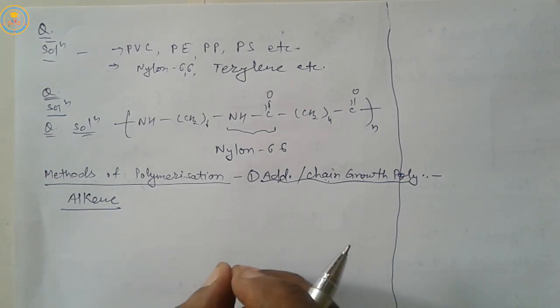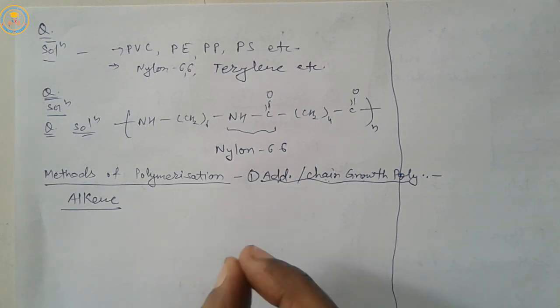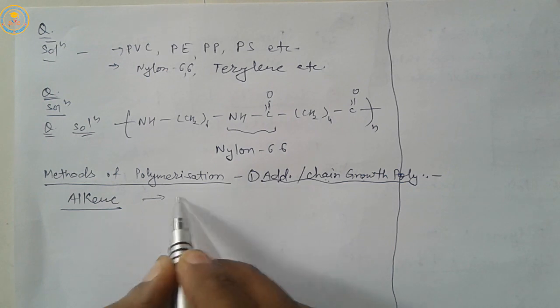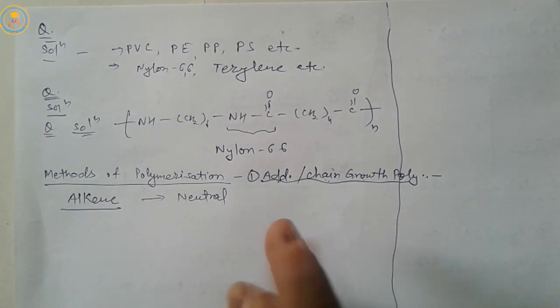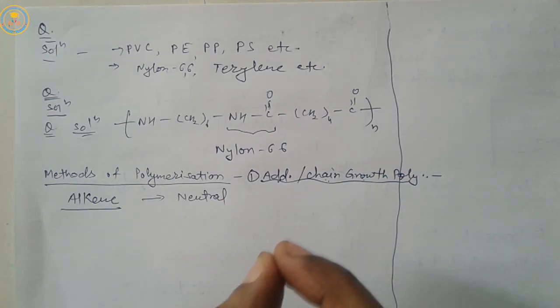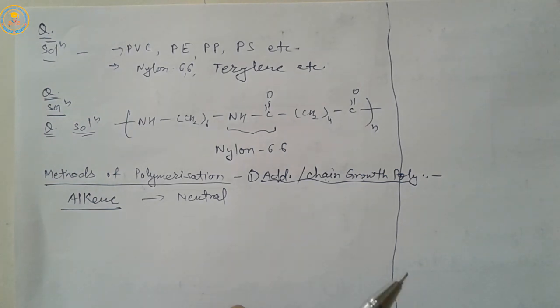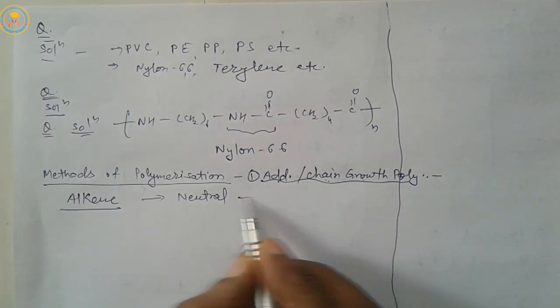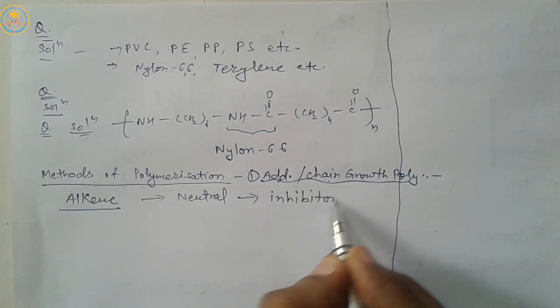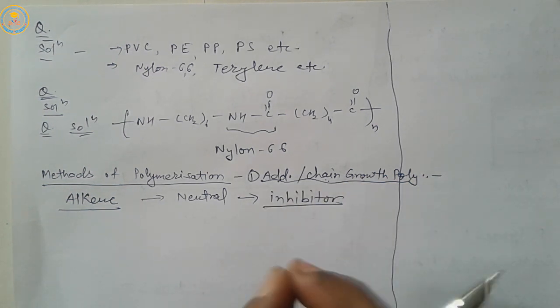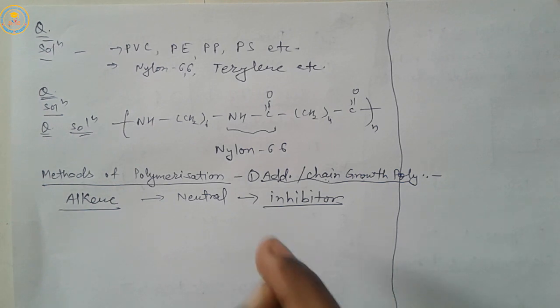Very important: in addition polymerization, monomer molecules are unsaturated and neutral. They are required to be made active, therefore an initiator is required to start the process of polymerization.